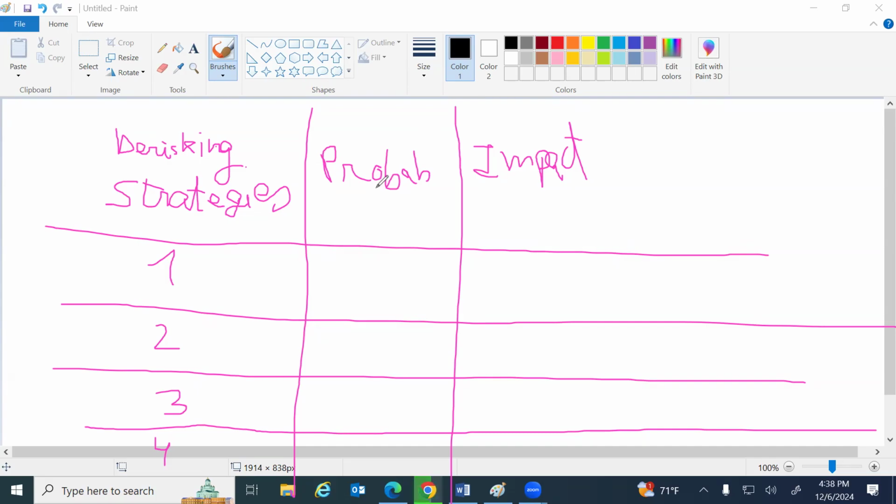Okay, and for example, if you consider Lebanon, you know that one of the most barriers in Lebanon is corruption. Is it easy to fight corruption? No, but if we can do it, it will have a very high impact. Okay, so of course this will depend also on the country you are talking about.